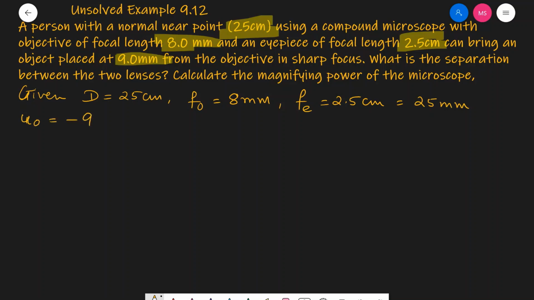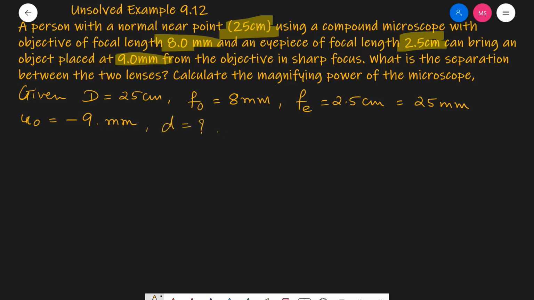Remember, object is kept always on the left hand side, so you can say that it is minus 9 mm. Now we have to find distance between two lenses. Distance between two lenses is D, we have to find.